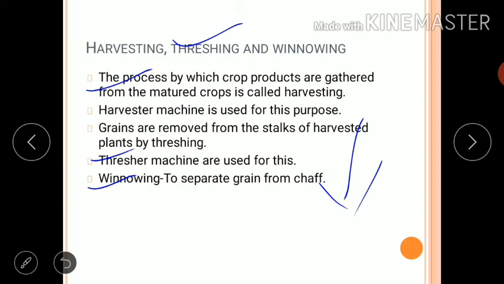The heavier grains or seeds drop straight down, whereas those which are light in weight are blown away by the wind, and fall at quite a large distance.